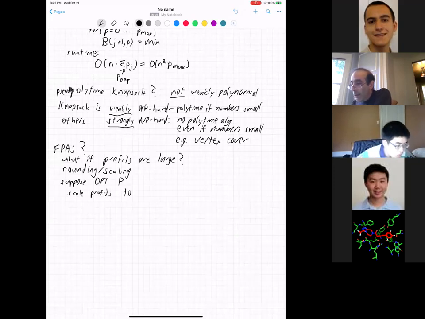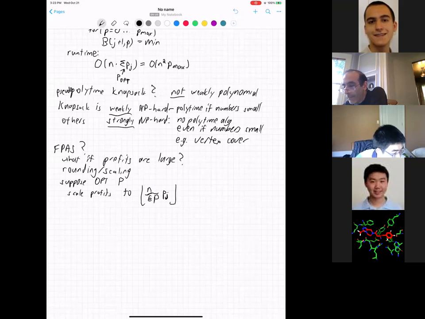What I'm going to do is shrink them down so that they are polynomial size in n over epsilon. Okay, but now I'm also going to scale down by this big profit P. So I'm going to multiply each profit by a scaling factor, and then I'm going to round down.